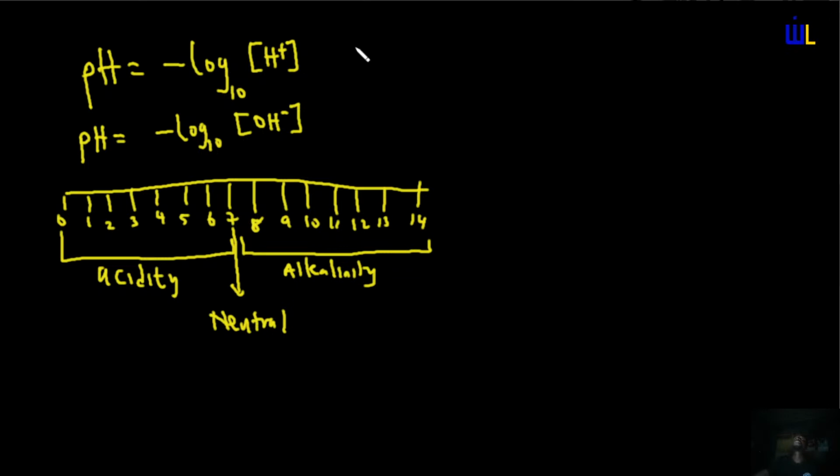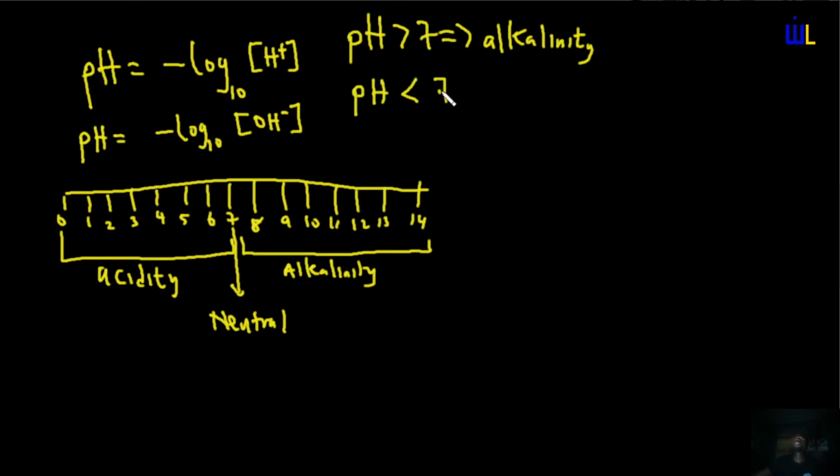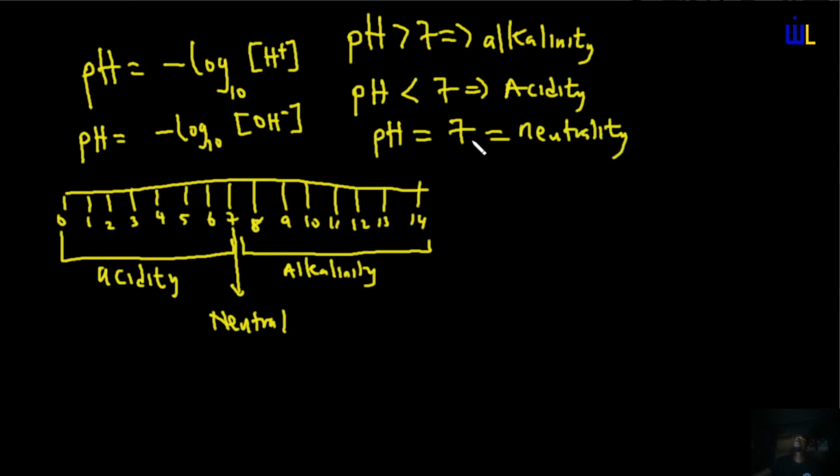So have that in mind: pH values greater than 7 indicate alkalinity, pH values less than 7 indicate acidity, and pH values equal to 7 indicate neutrality. We are going to use that concentration to actually find that pH equals 7 is neutral when we are done with understanding.